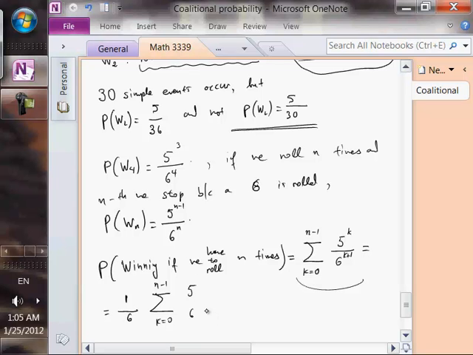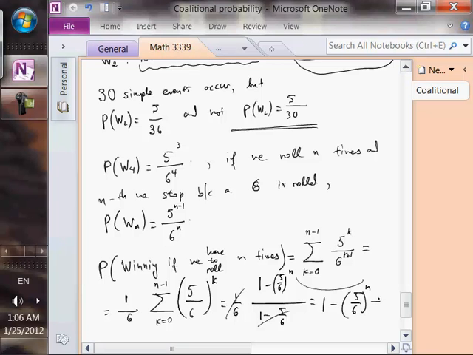And if you look a little bit at your calculus 2 books, this is equal to 1 over 6 times 1 minus 5/6 to the n power over 1 minus 5/6. This will cancel this, and we have 1 minus 5/6 to the n power.